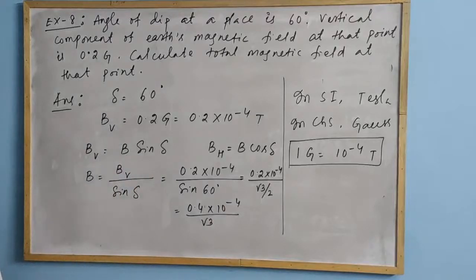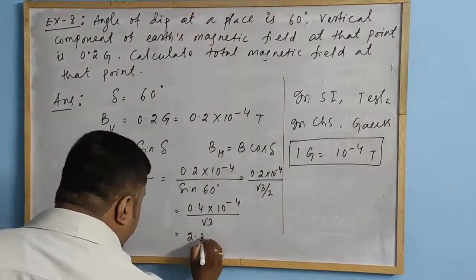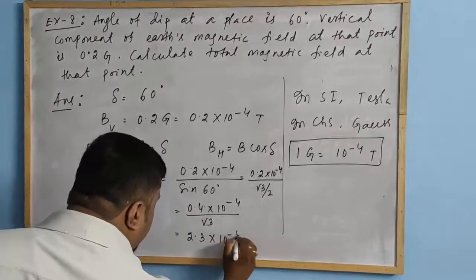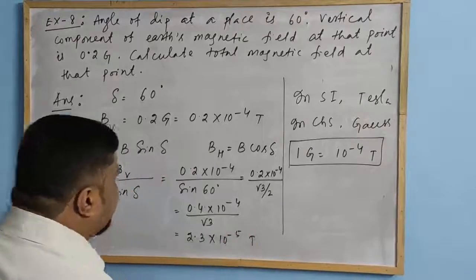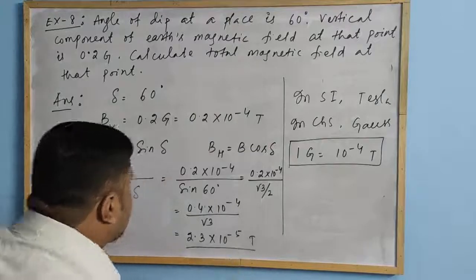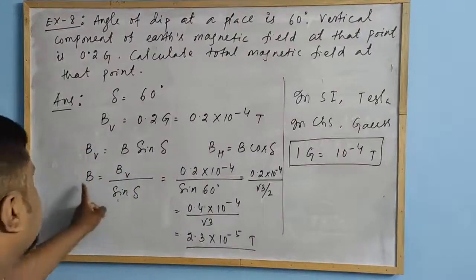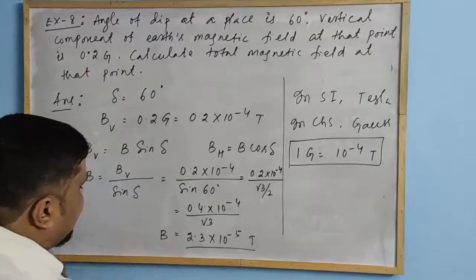Then if you solve, what will you get? 2.3 into 10 to the power minus 5 Tesla. Because I have converted Gauss to Tesla, I will get the answer in Tesla. This is the total magnetic field at that place.